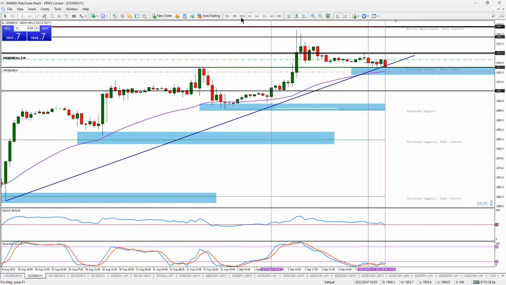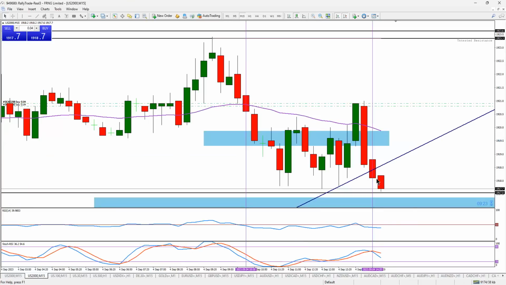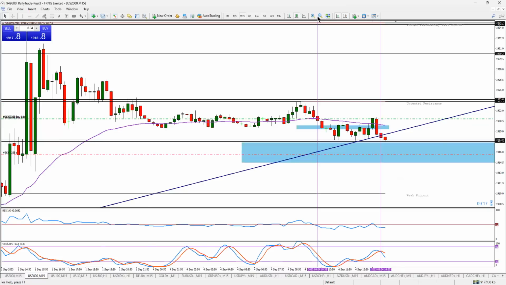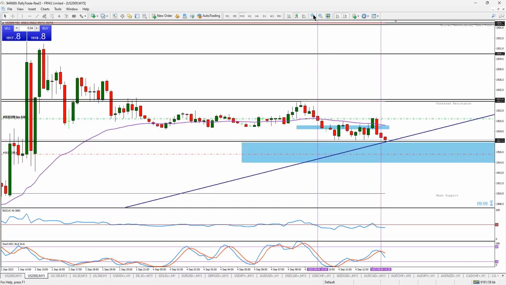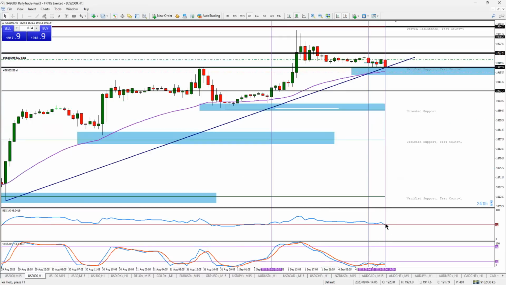So now that this has passed below my trend line, I can adjust my trend line to come and stay here now, as long as my RSI is still above 50. I don't know if you understand.